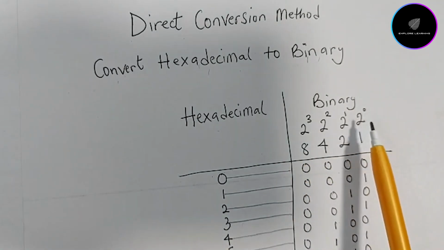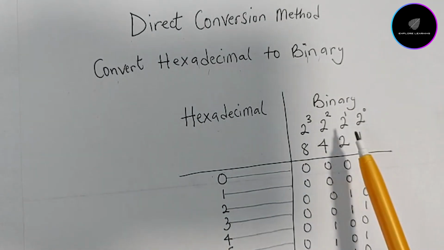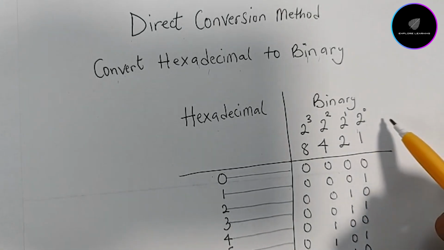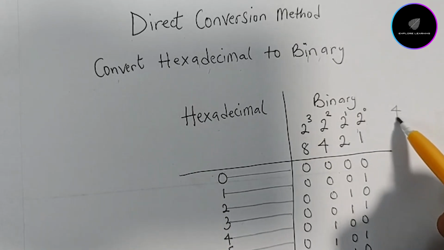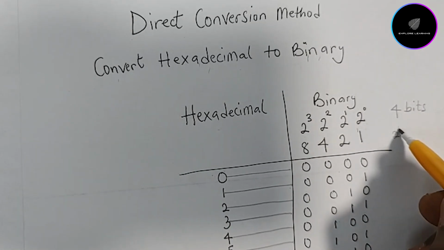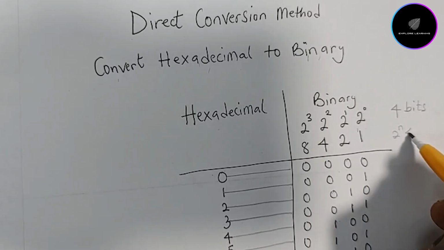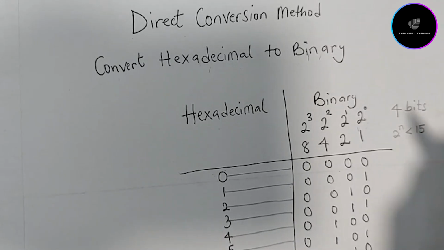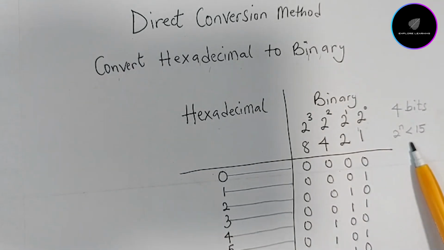The maximum number of bits that can be used in binary coding is 4 bits. And this means that 2 raised to the power n should be less than 15. Now I'm going to explain this formula in a bit.